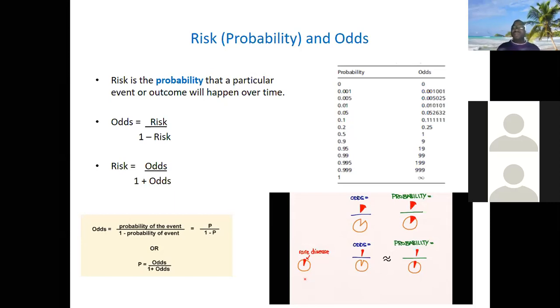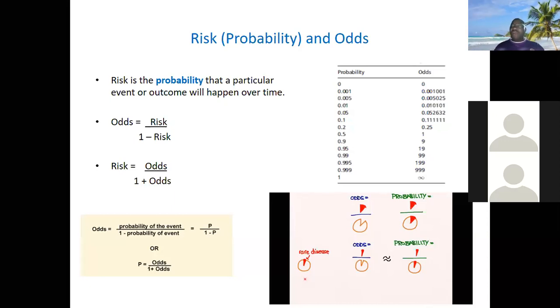Now, odds is related to risk in that odds is risk divided by 1 minus risk. Risk means the probability of an event happening. Then, if you want to calculate the probability of the event not happening, you remove it from 1, because probability is from 0 to 1. 0 means the event cannot happen. 1 means the event is certain to happen.